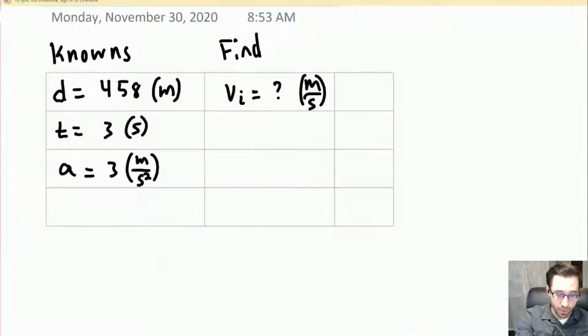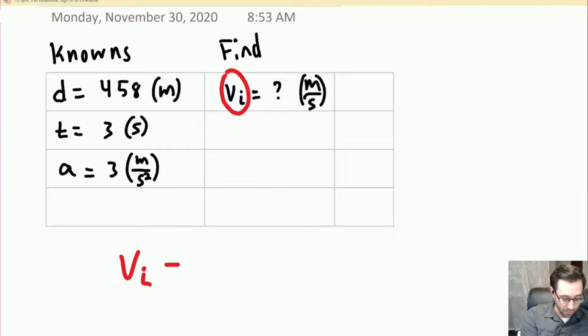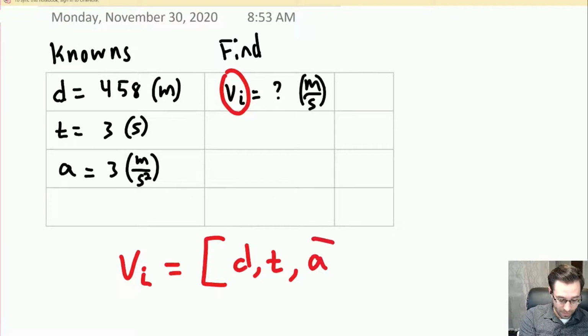The process is that I need to find an equation that has v sub I equals some combination of d, t, and a. These are the only variables that should be on the right side. If there's any other variable on the right side, I cannot use it.